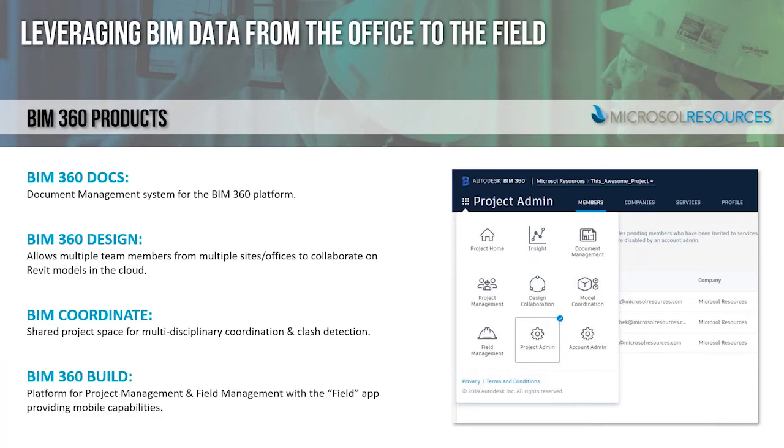And BIM 360 Build provides a platform for construction project management, like creating, organizing and sending submittals and RFIs, as well as field management, like creating and maintaining checklists, issues, logs, safety, scheduling, those types of things. The so-called field app gives you the ability to track all of these activities on a job site through mobile devices by accessing all that information through the cloud.